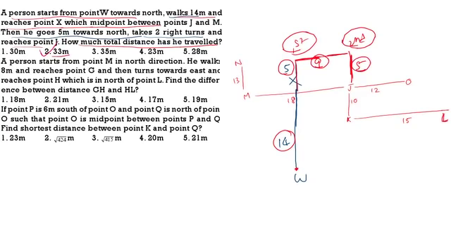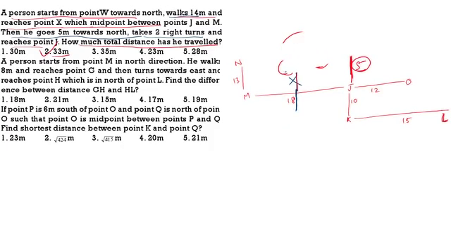See the next question. A person starts from M in the north direction. He walks 8 meters and reaches G, then he walks east and reaches H. H is to the north of L. Find the difference between GH and HL.